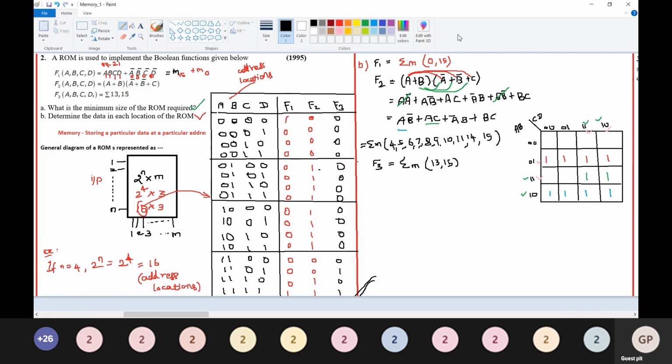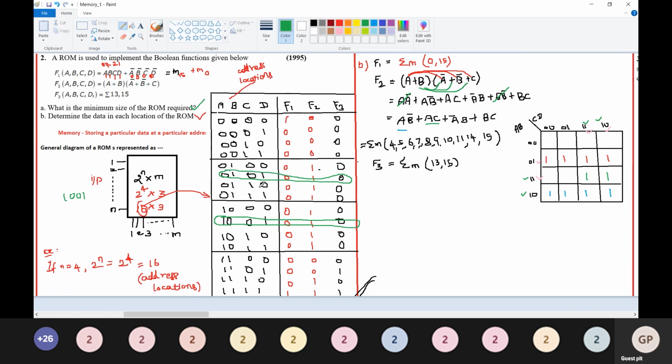So for example, the given input is 1001. This is the data present on the output here, 010, for the given input. And if the given input is 0101, the output is 010.